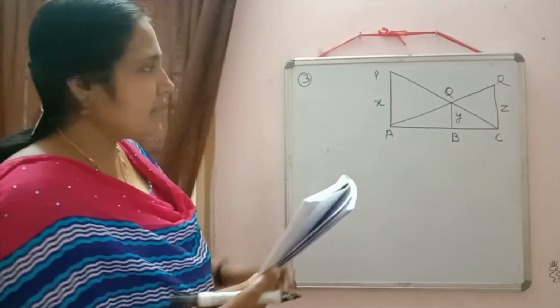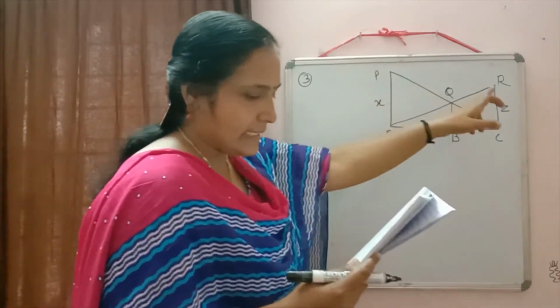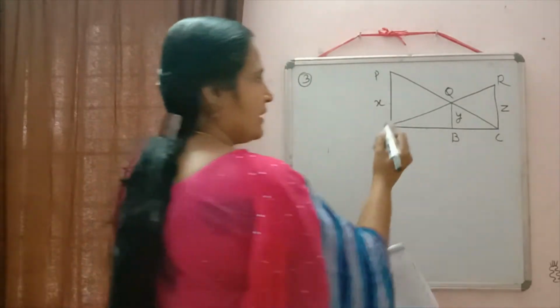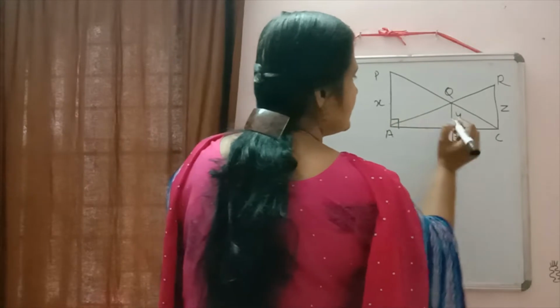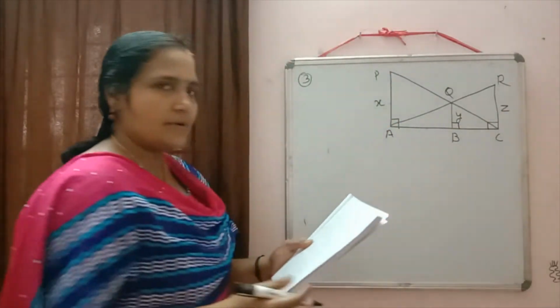In this question, as you can check, it is given PA, QB and RC are all perpendicular to AC.